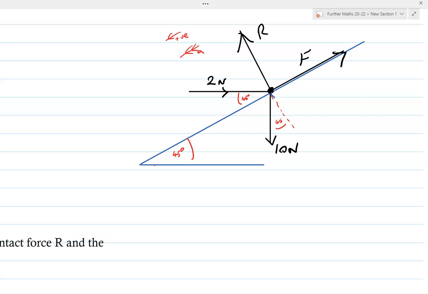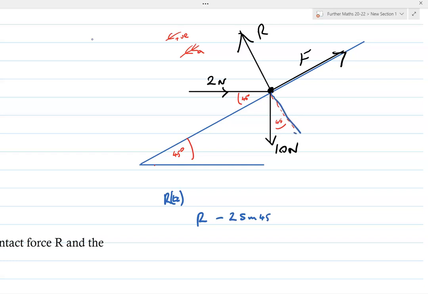My resolving perpendicular equation is going to be identical, apart from we're going to put 45 in for our angle. So we've got R going up the slope, F doesn't come into it. R goes up the slope. The component of the 2 Newton force, which is going in the opposite direction, so that's minus 2 sine 45.